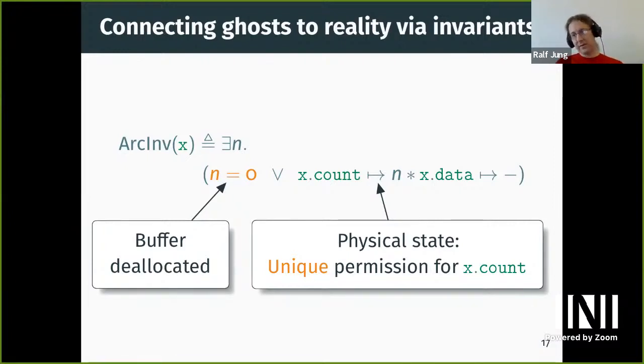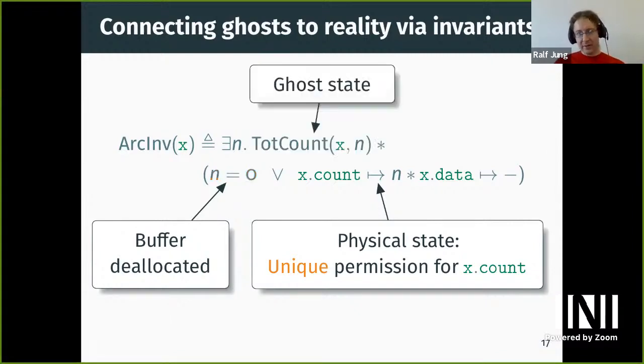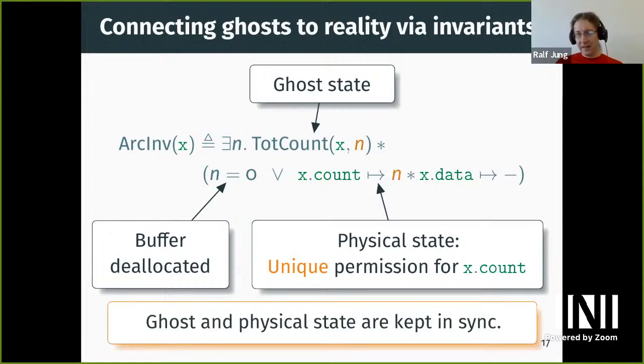And then the second part of the invariant relates to the ghost permission that I've just introduced, where we will also say that inside this invariant, we have this total count permission, which controls exactly what the current count of pointers to x is. And crucially, total count and the physical count field use the same n inside this invariant. So this keeps the physical state and the ghost state always in sync. That is what this invariant crucially enforces.